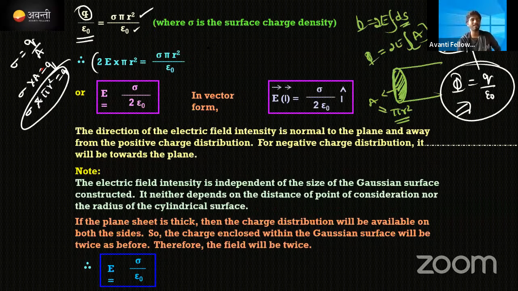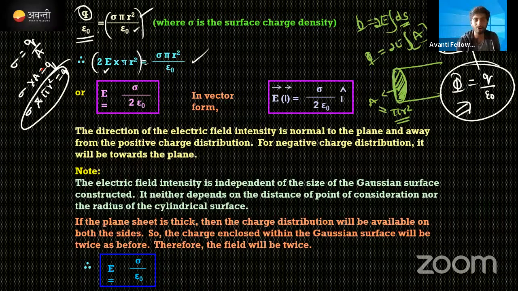Right, now actually our intention is to find out the value of electric field. Then देखो इधर, pi r square cancels, and then for electric field intensity, take this 2 to the right hand side.